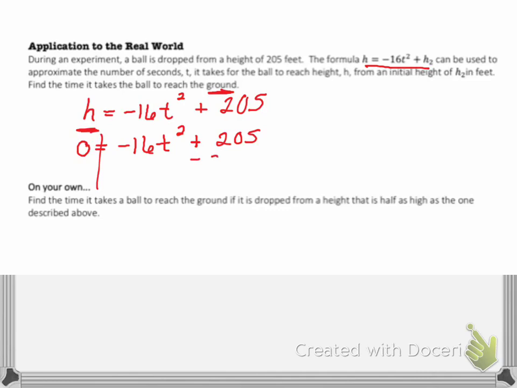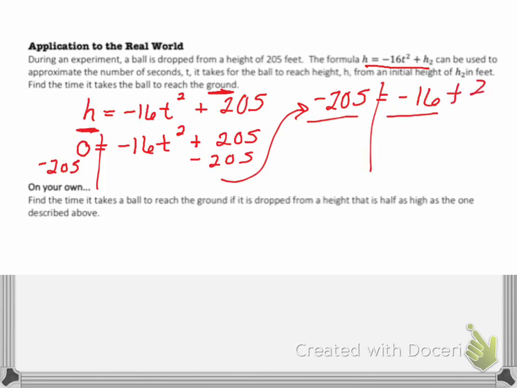We can subtract 205 from both sides. And so now I kind of ran out of room, so I'm going to go over here. I get negative 205 is equal to negative 16 t squared. And then I'll divide both sides by negative 16. So that cancels. And that's going to leave me with approximately 12.8125 equal to t squared.